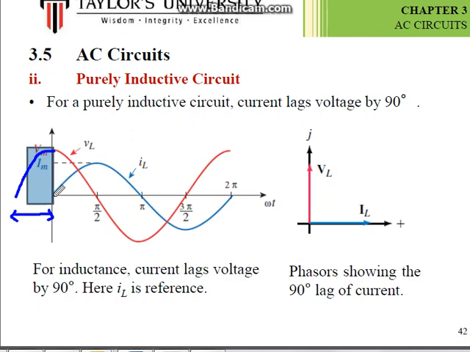This is where my current wave starts, this is where my voltage VL starts. Where it starts, not by here. I'm not comparing with here, because when we want to compare two sine waves together, we always compare at the point where both start at the same point. Like for example, this starts at 0, this starts at 0, then we do the comparison. So this basically means that the current is lagging by 90 degrees.